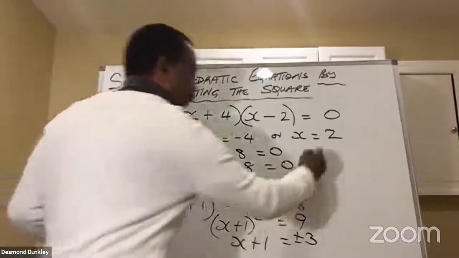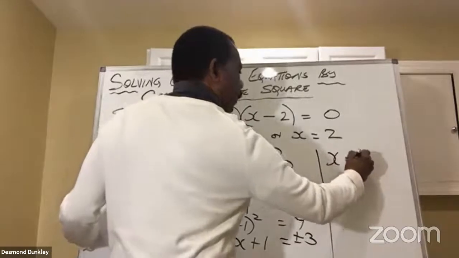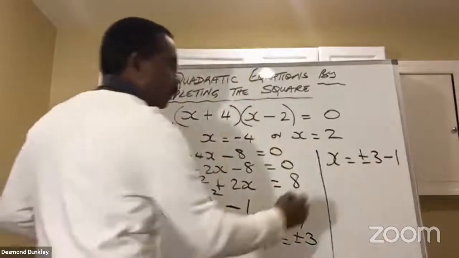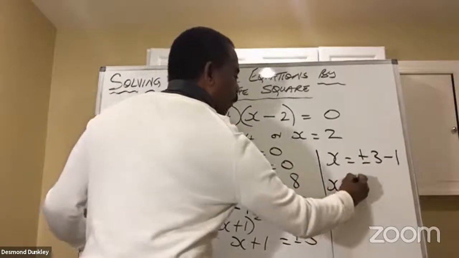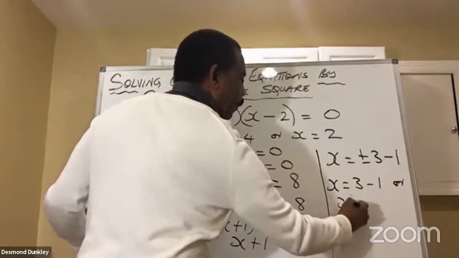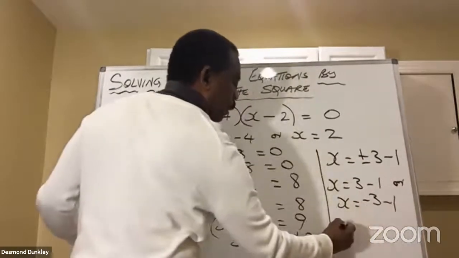So what do we end up with? x equal to plus or minus 3 minus 1. So x is equal to 3 minus 1, or x is equal to negative 3 minus 1.